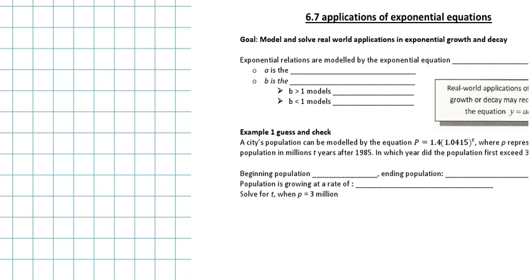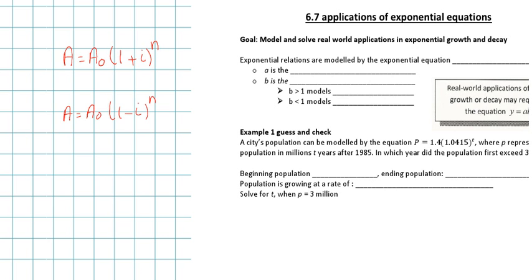So y equals a, actually I'm going to use these letters because I have them on the board. So A equals A naught (1 plus i) to the power of n, A equals A naught (1 minus i) to the power of n.